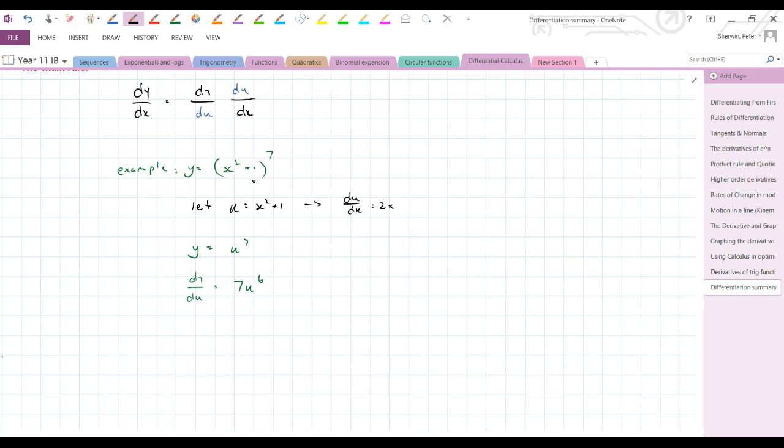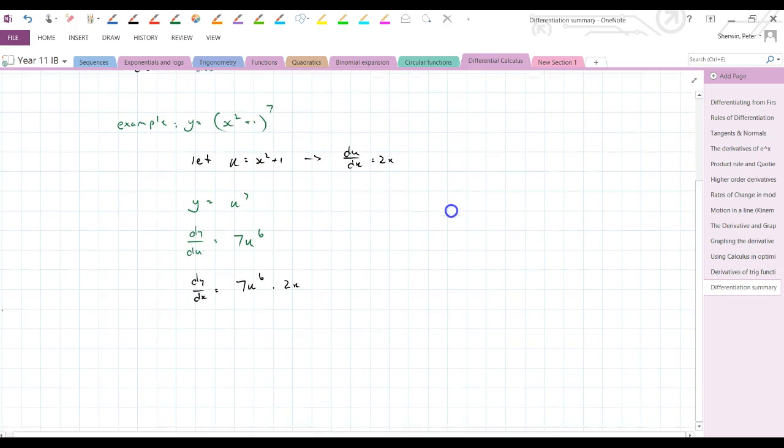But to finish this one off, we can therefore say that dy/dx is equal to dy/du, which is this 7u to the power of 6, by du/dx, which is 2x. So dy/dx is being sorted out. It's 14xu to the 6, but now the last step is to just take the u back out and write it as 14x(x squared plus 1) to the power of 6.